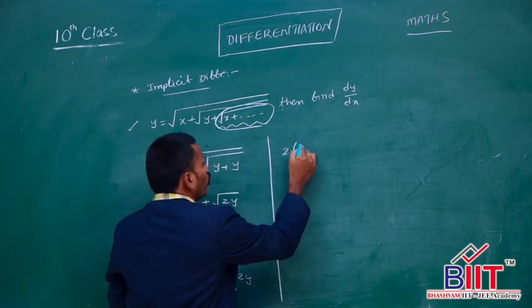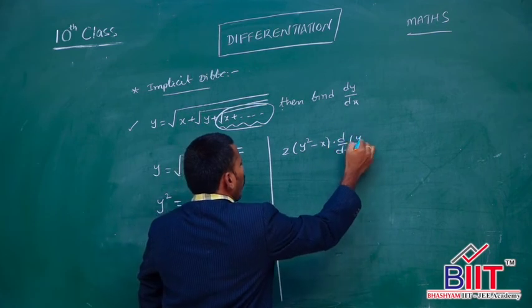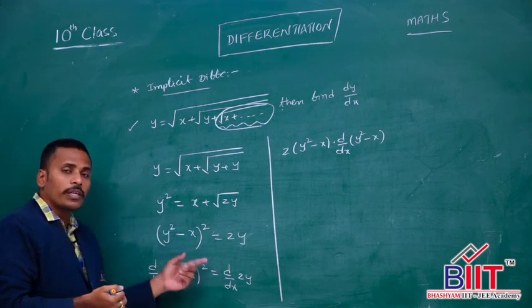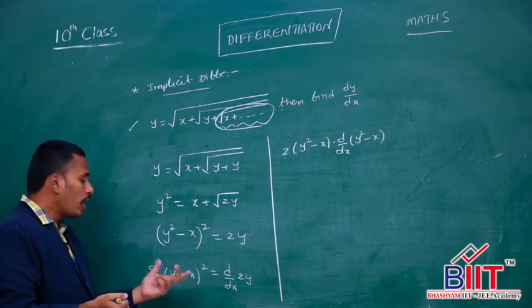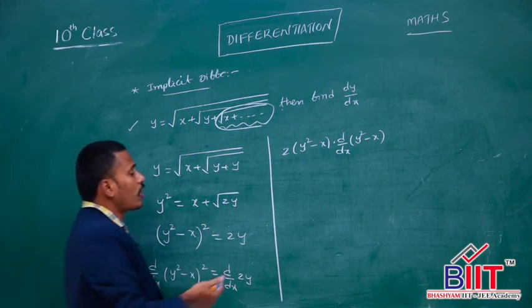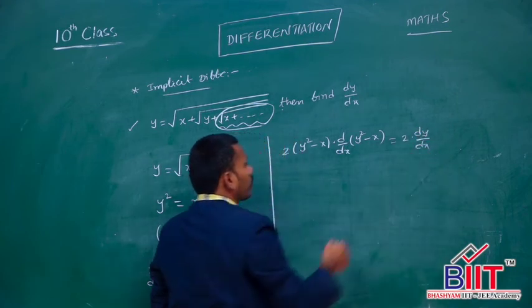So this is 2(y² - x) into d/dx of (y² - x). Is it clear? d/dx of something squared is 2 into something into the derivative of something. That equals d/dx of 2y. 2 is a constant, separate it, and dy/dx.